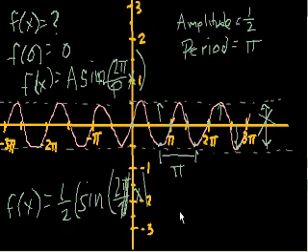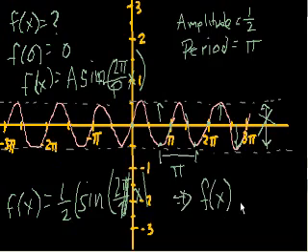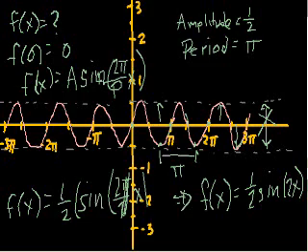The pi's cancel out, and we get f of x is equal to 1/2 sine of 2x.